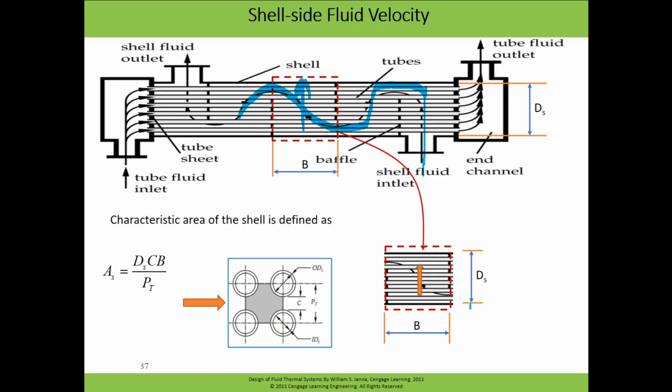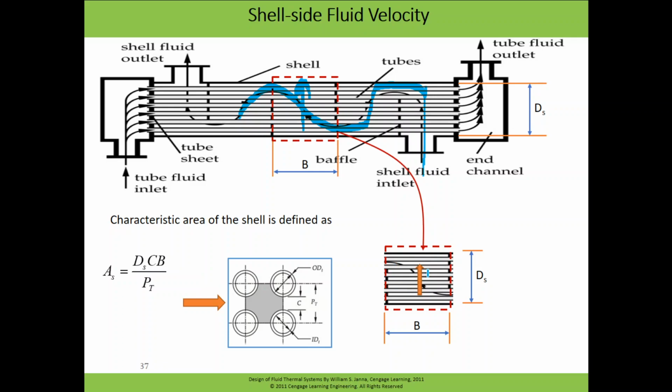One dimension is ds, another dimension is b. So if you multiply b and ds, then you will get the total area. But the total area is not available for the flow because there are tubes which are occupying certain space. So what is the ratio of the area which is free from the tubes to the total?